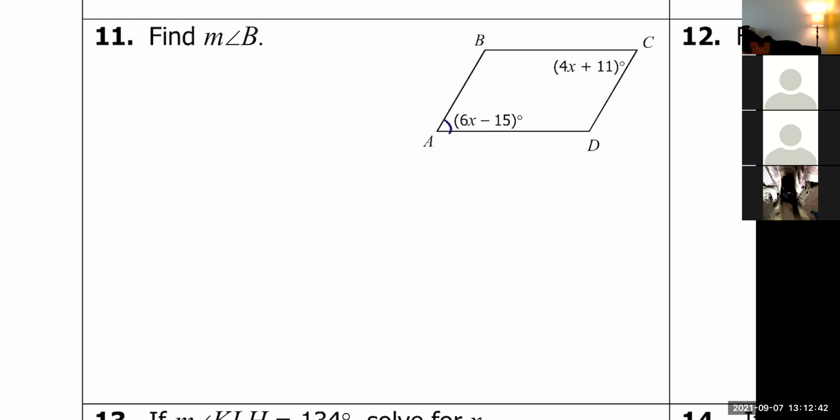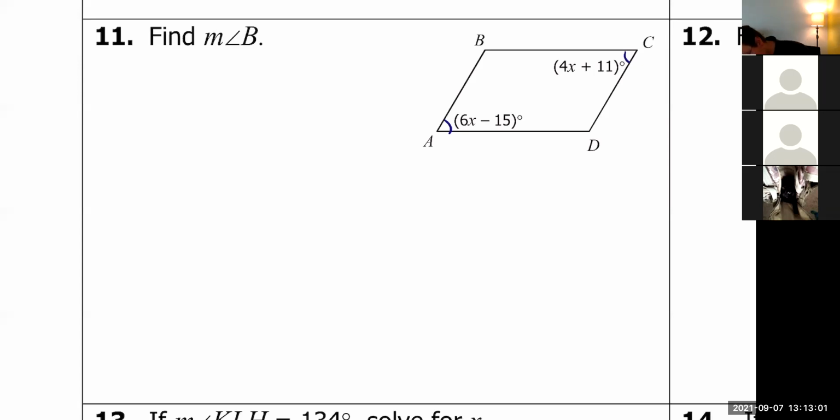Angles A and C are opposite angles, which immediately tells me that they are congruent. That would mean angle A equals angle C.